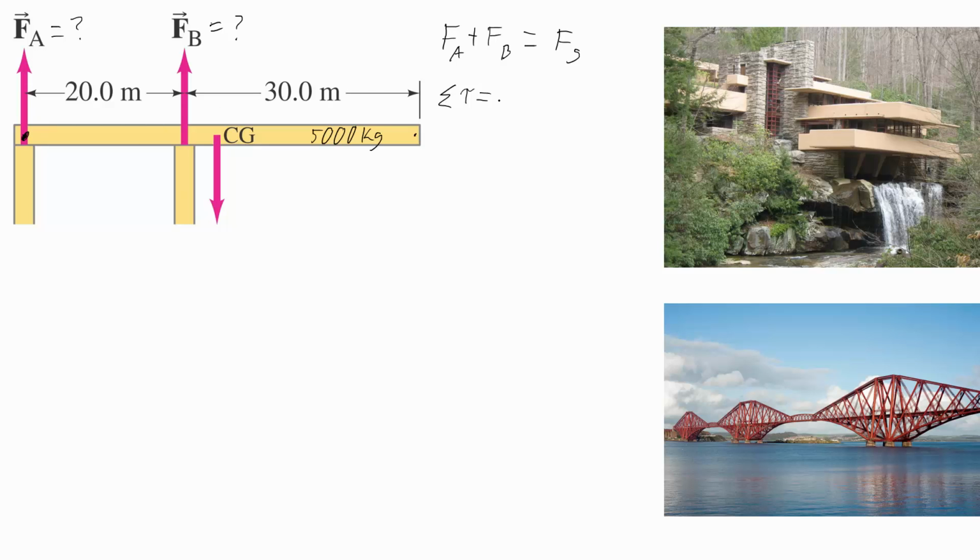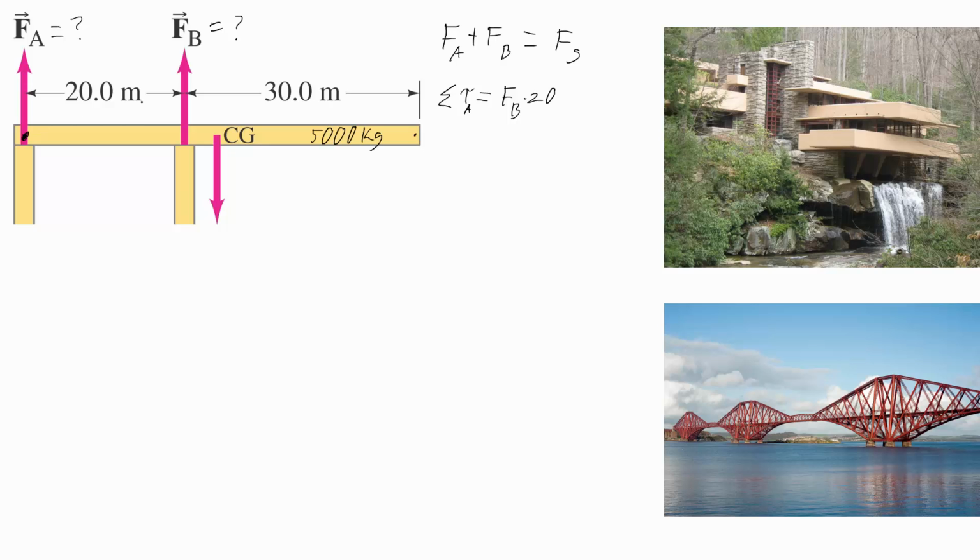And it just makes our calculations a little simpler. So from this frame of reference, the torque about point A, we have a torque due to force B, and the lever arm is 20. And then we've got another torque due to gravity acting on the middle of this beam here, and we have to think about whether those are causing it to rotate in the same direction or not relative to this pivot point.